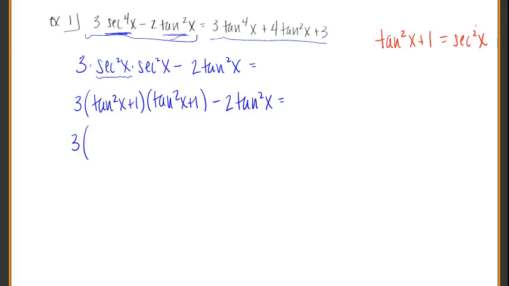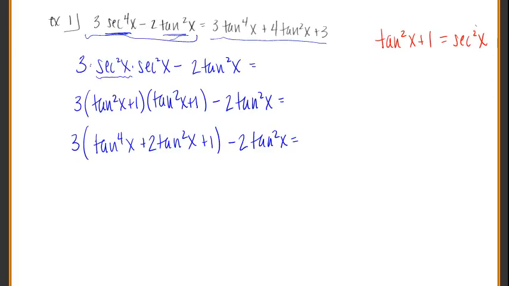So let me FOIL those two together. You'll get tangent to the 4th x. Outsides and insides, you get a tangent squared, another tangent squared, so a total of 2 tangent squared x, and then plus 1 minus 2 tangent squared x.